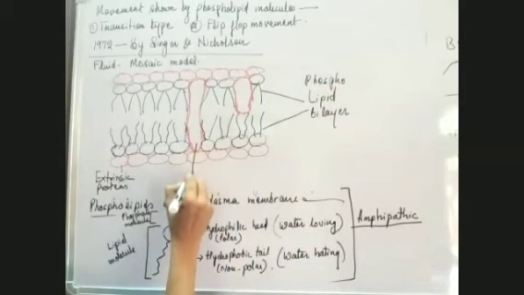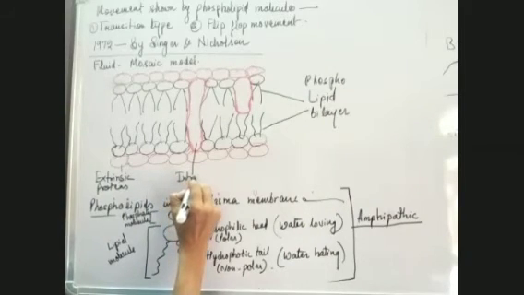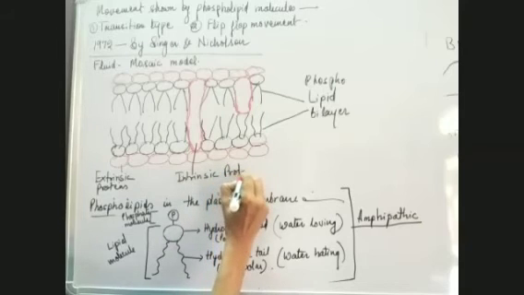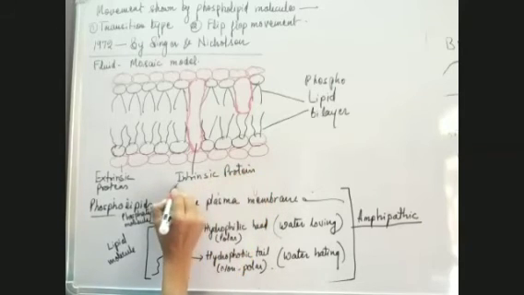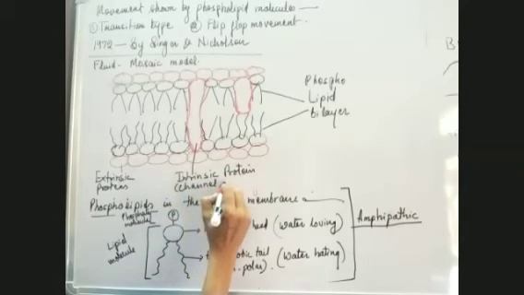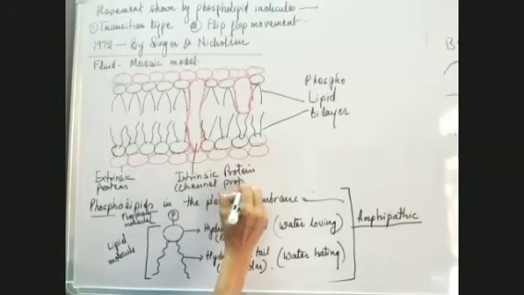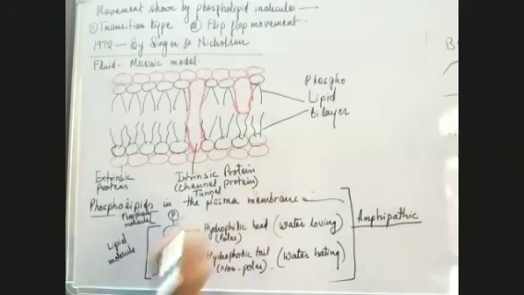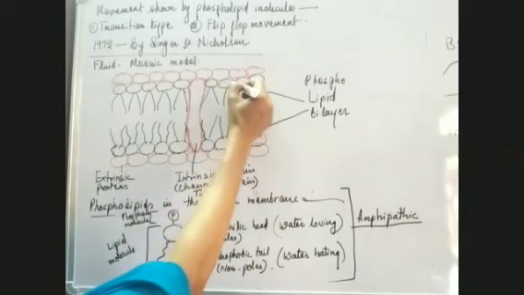This is intrinsic protein, also known as channel protein. And in some books, it is also written tunnel protein. This is also intrinsic protein.